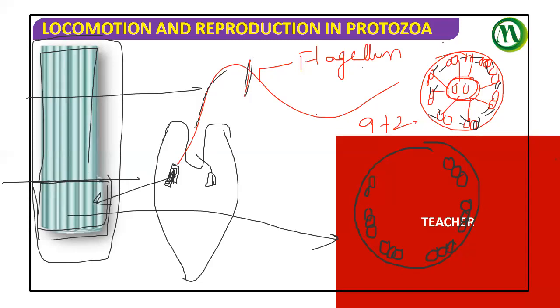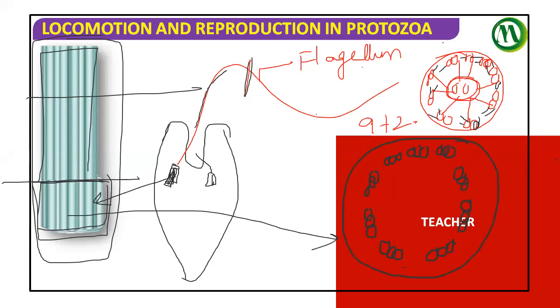Peripheral microtubular triplets. So 9 peripheral microtubular triplets in the basal granule.